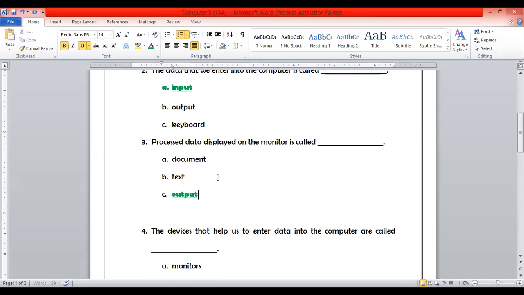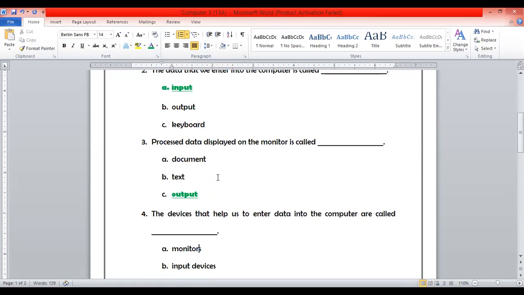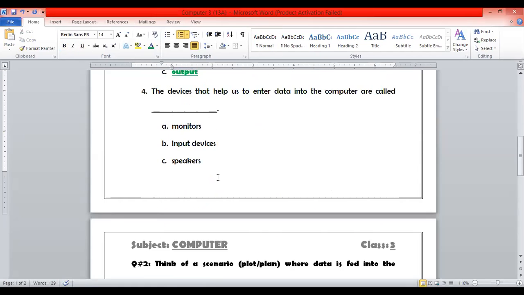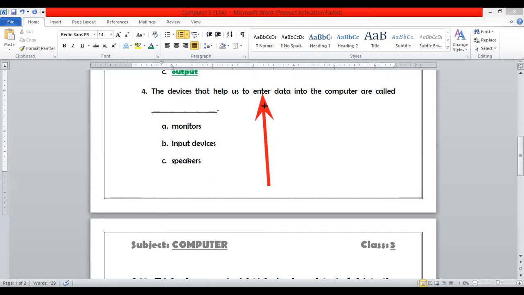Question number 4 is saying: the devices that help us to enter data into the computer. We use so many devices that help us to enter data into the computer.